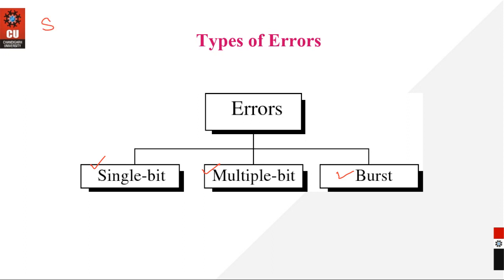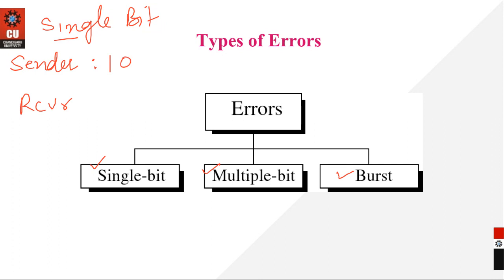Talking about single bit error, let me take one example for you. In case you are talking about a single bit error, you will have a sender and receiver for sure. On the sender side, the data that you wanted to transmit is 1011. And on the receiver side, the data you just received is this.